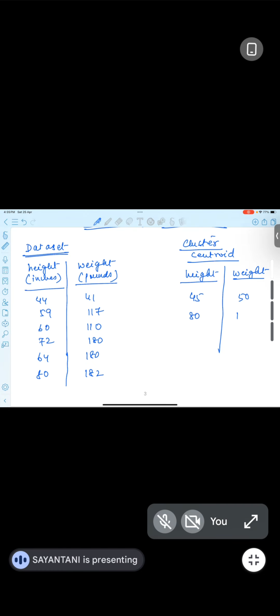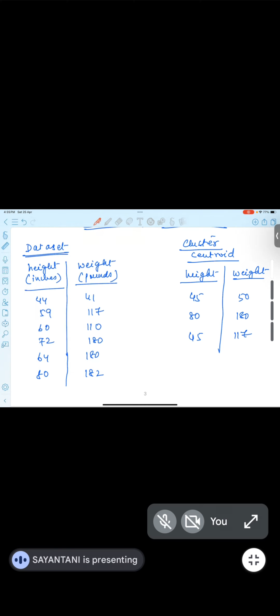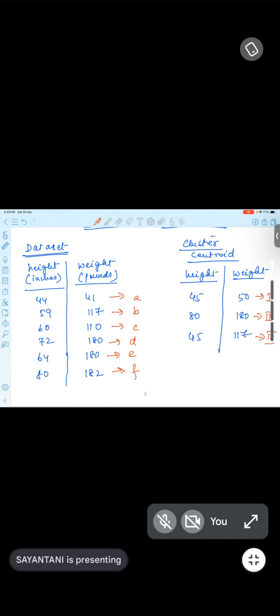This has been randomly selected. Okay. Now, for understanding it properly, just mark these values as A, B, C, D. So you're just marking the coordinates because we have to plot all of them. And for this, mark it as 1, 2, and 3.